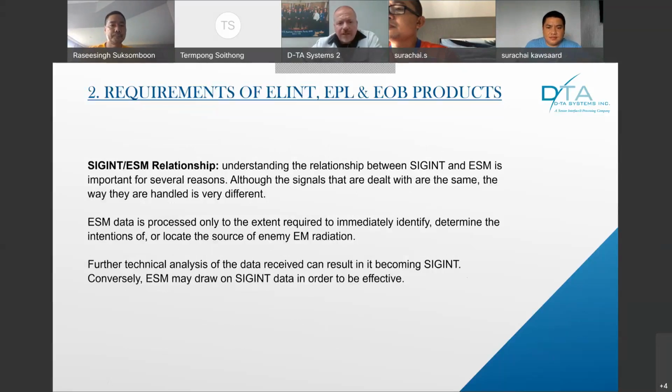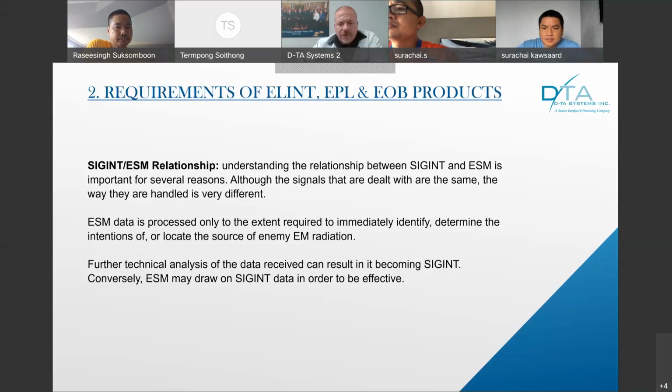So the SIGINT ESM relationship, understanding the relationship between SIGINT and ESM is important for several reasons. Although the signals that are dealt with are the same, the way they are handled is very different.